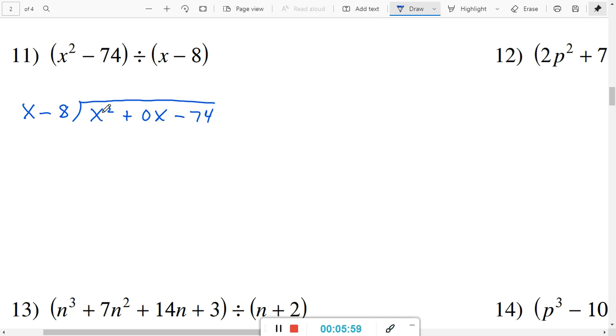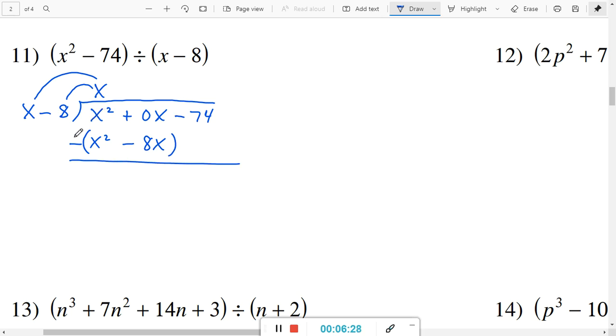Okay, so just like before, x squared divided by x, that's just going to be x. And then we distribute this times this whole thing. So x times x is going to be x squared. x times negative 8 is negative 8x. Okay, we subtract this whole thing right here.